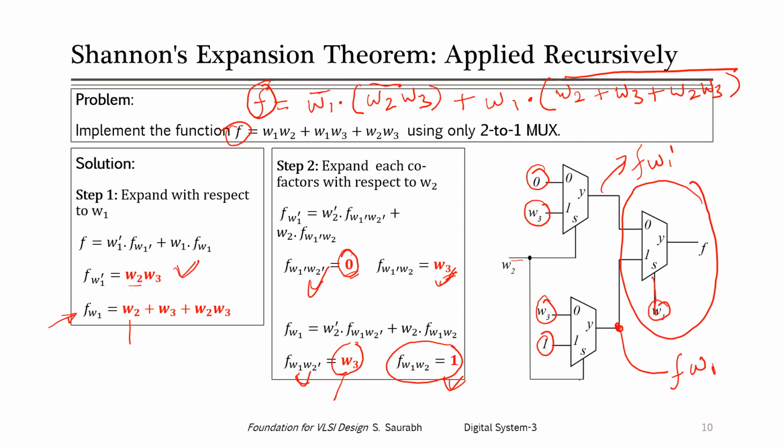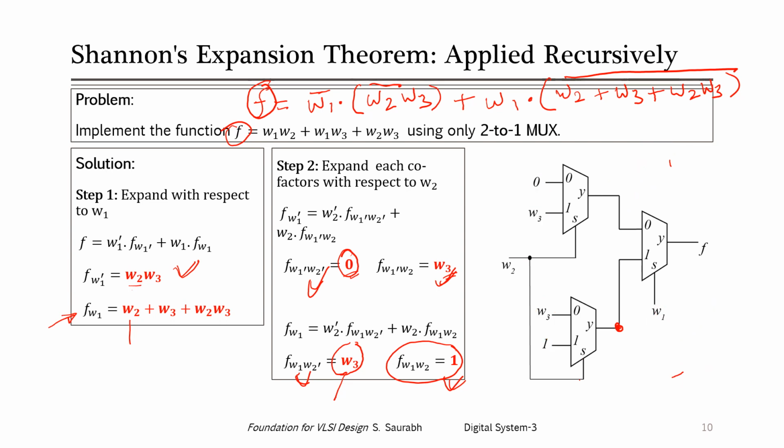So given a Boolean logic function, we can implement it using only 2-to-1 multiplexers in the form of a tree, which is shown here. On the select lines, we use the variable that is used for decomposition in the Shannon expansion theorem.